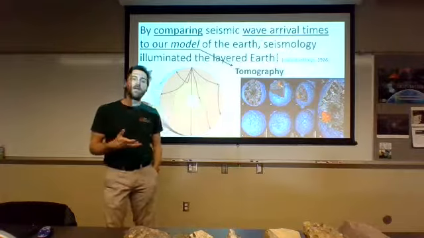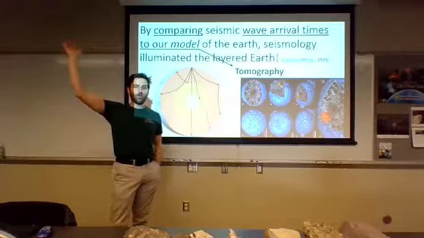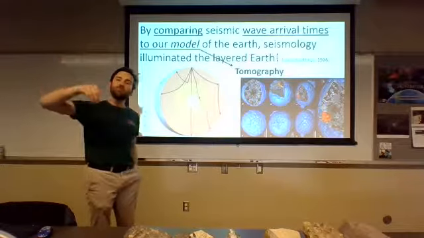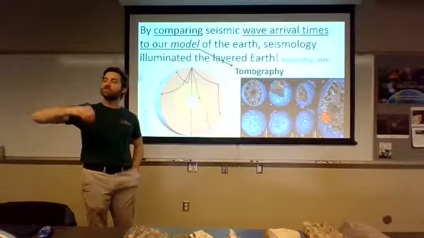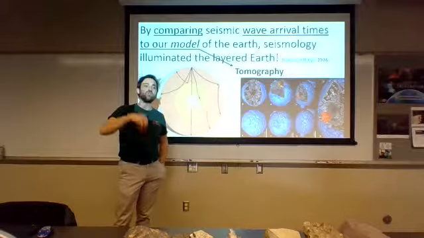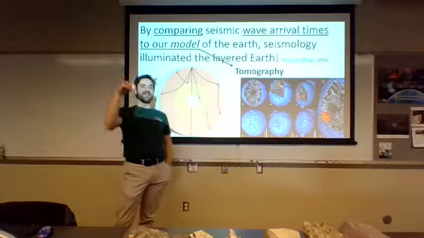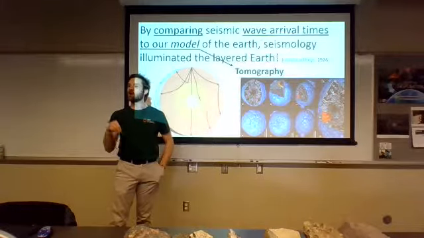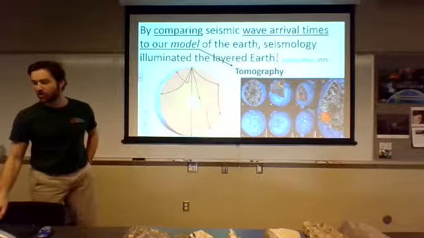So this doesn't live in just the abstract world of stuff that I'm telling you, seismology, tomography. It has real applications besides just learning about the interior of the Earth and layers. This is something that we use to understand our own bodies and to understand when we have something unhealthy going on in our bodies, okay?